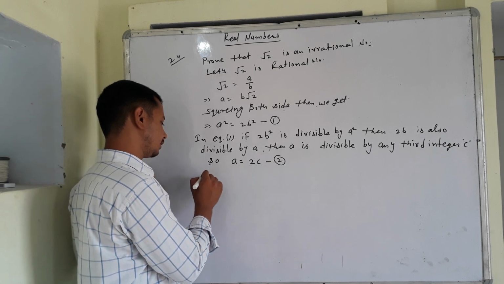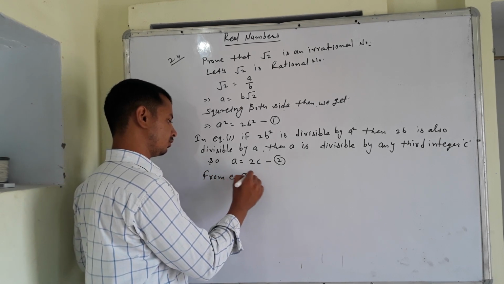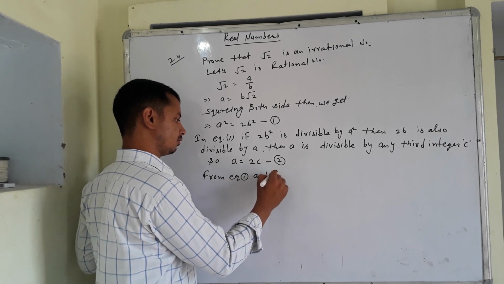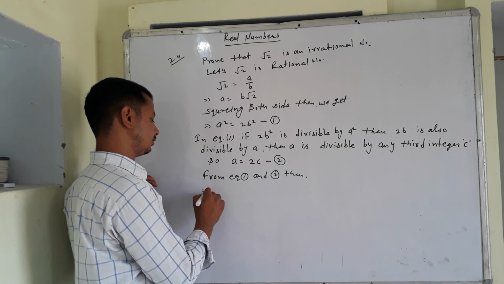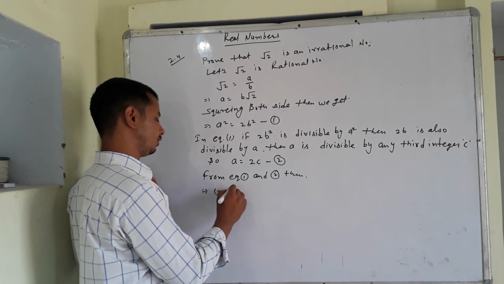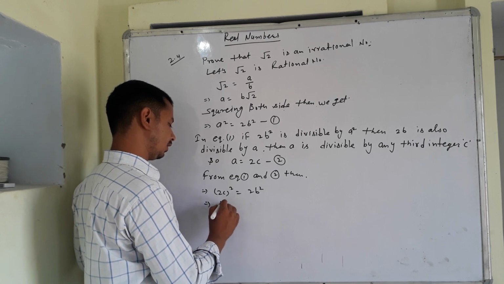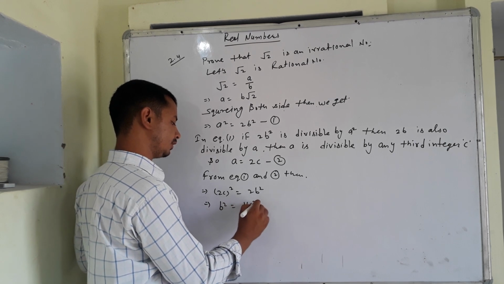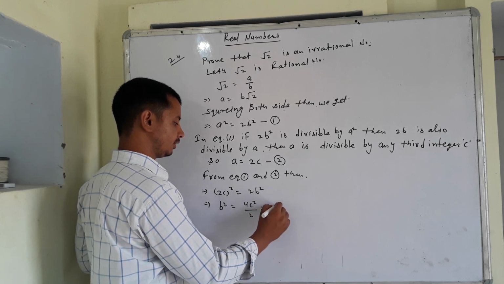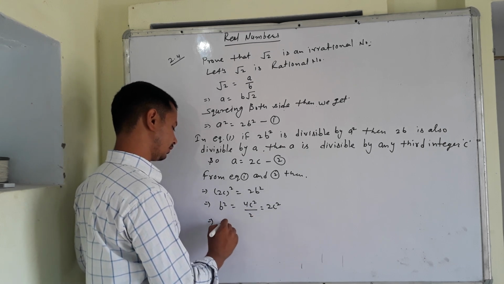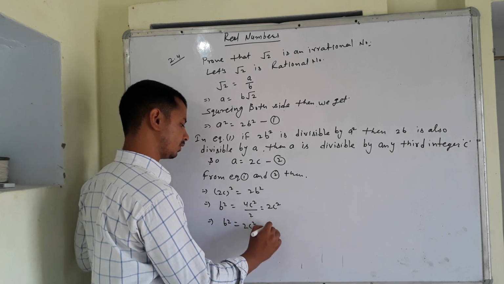From equation first and second, we get 2c square equal 2b square, and the value of b square equal 4c square upon 2, and we get 2c square. So the equation is b square equal 2c square. Put this as equation number third.